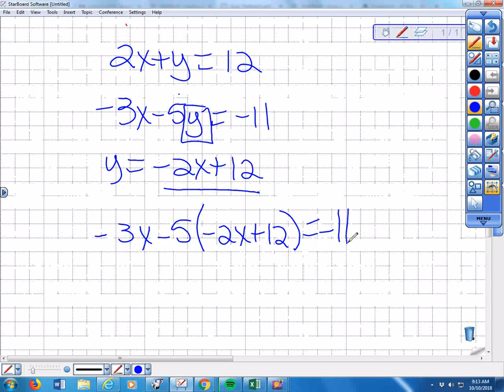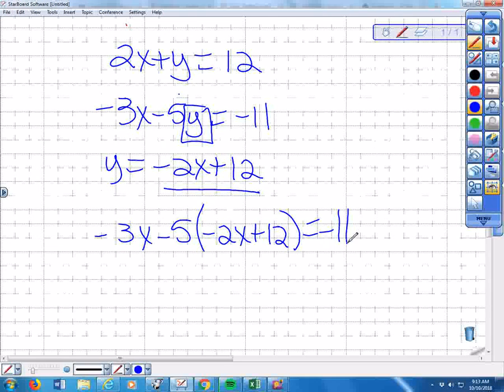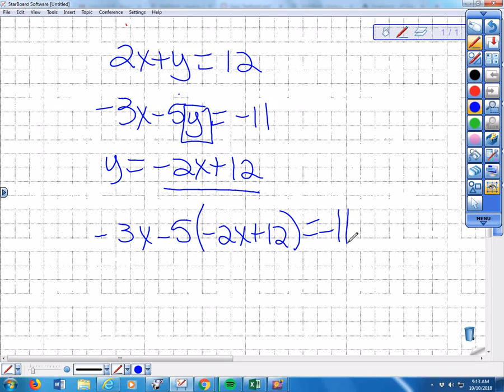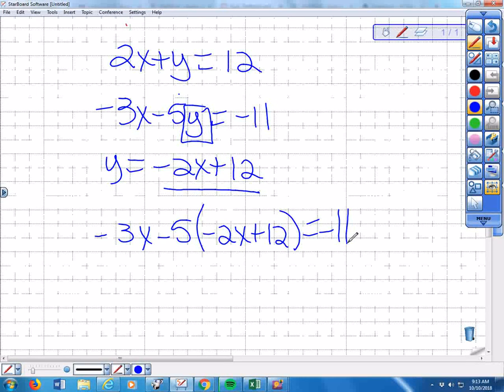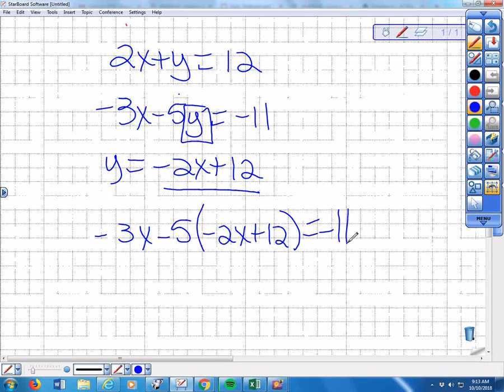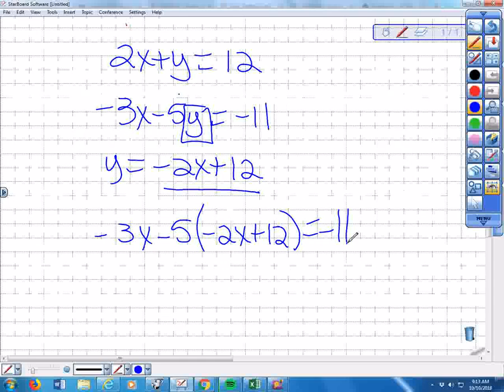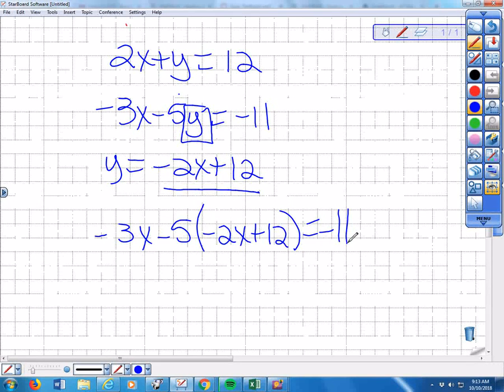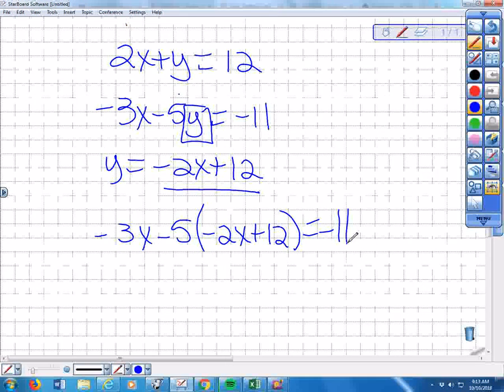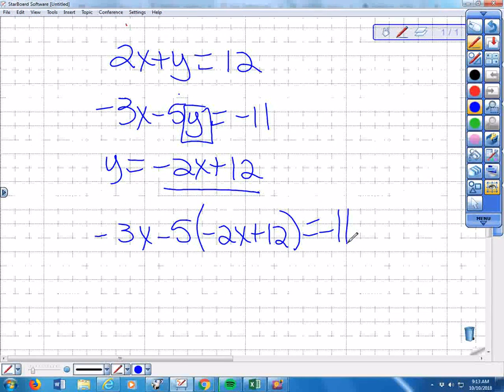The most important part when you're doing the substitution method is to take your time and to put parentheses around the expression that you're substituting for, to make sure that you're distributing whatever the coefficient is in front of that into it. If you are in a rush and you don't put parentheses around it or you forget to distribute, you're going to miss the whole thing. And we don't want to miss the whole thing.